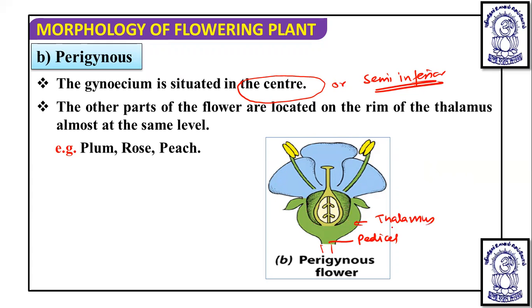The thalamus is expanded, and it is at the same level of the ovary, which is known as the rim. And at the rim, you will see the origination of the stamen, petal, and calyx. Then it is known as perigynous flower.